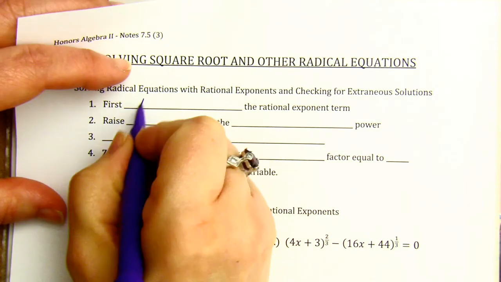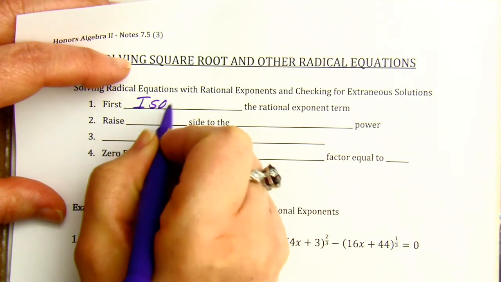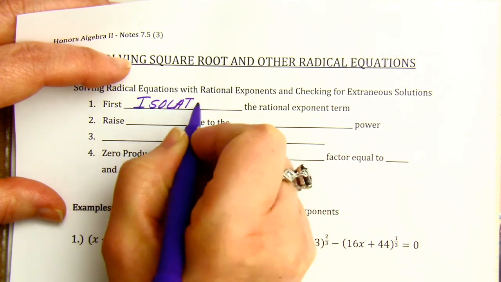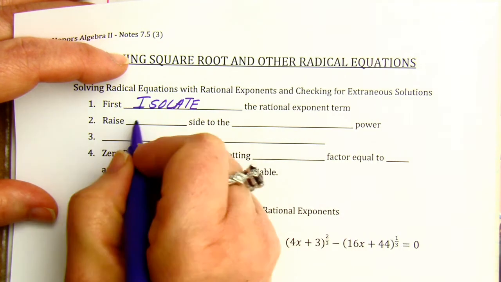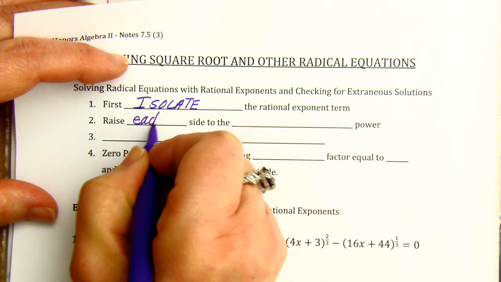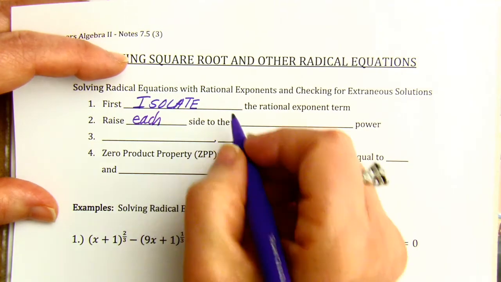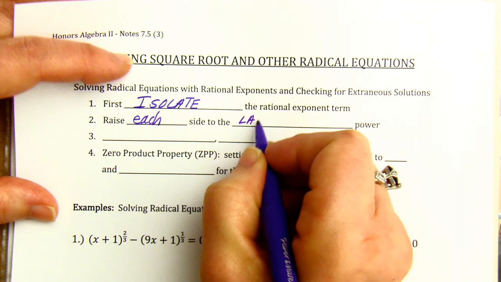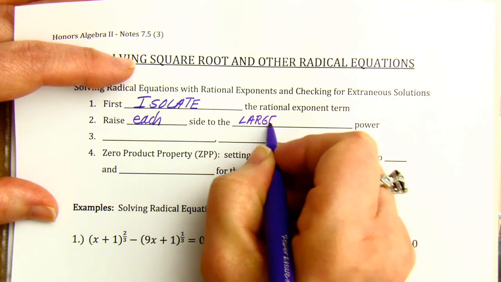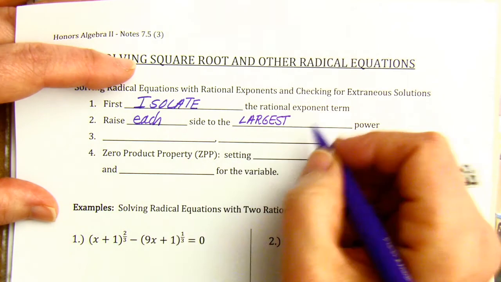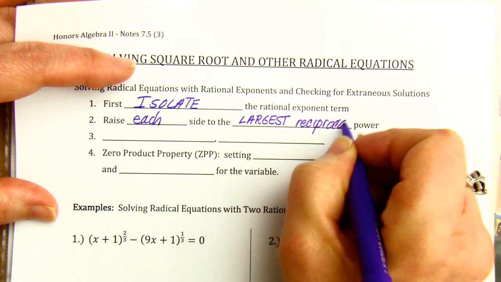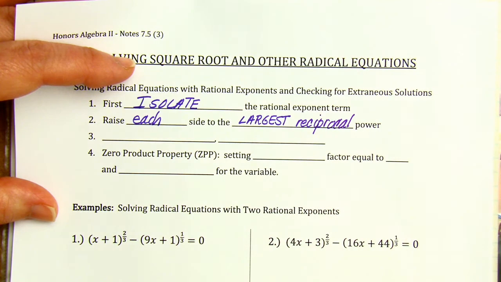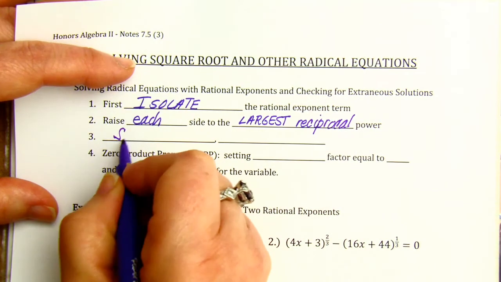So first isolate, which means get it by itself, the rational exponent term. Raise each side to the largest reciprocal power. We then simplify like we did before.